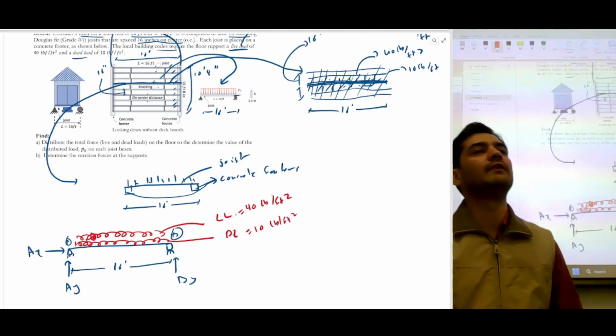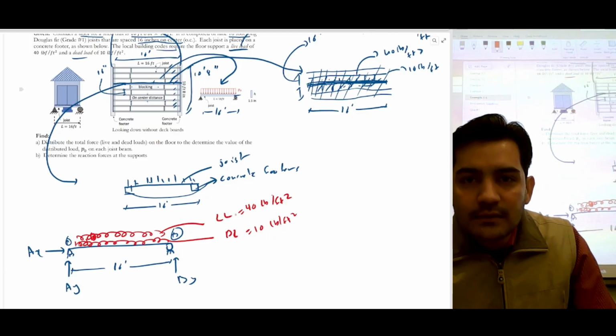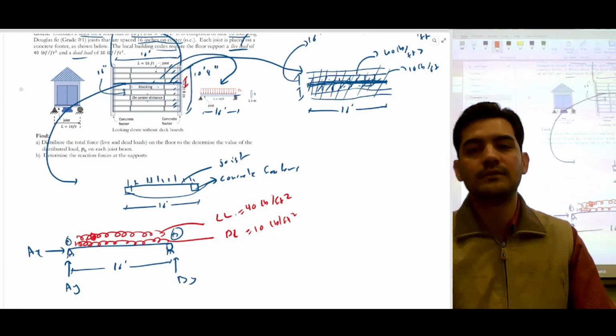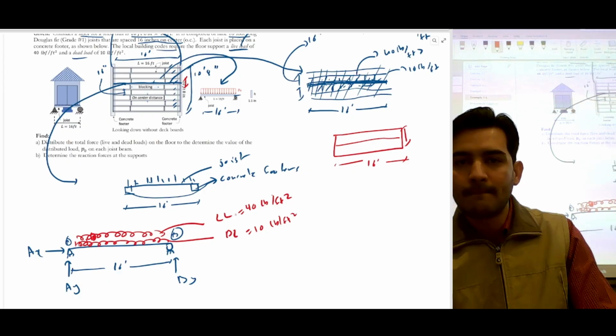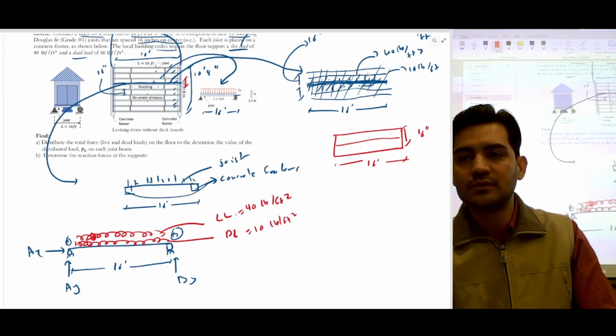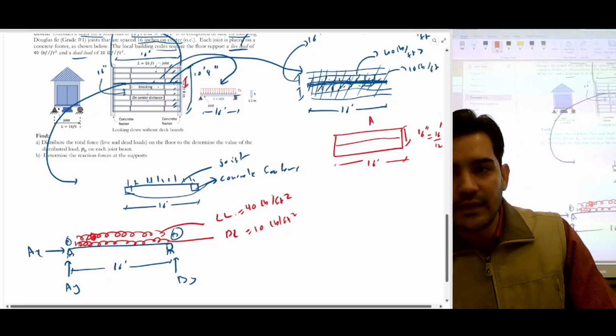But this is feet square, we have to convert it to feet. So we have to multiply by this because we have been given load. This was 16 feet. And if this is a joist, this distance is 16 inches, which comes out to be 16 by 12 feet. So the load was given in terms of area.